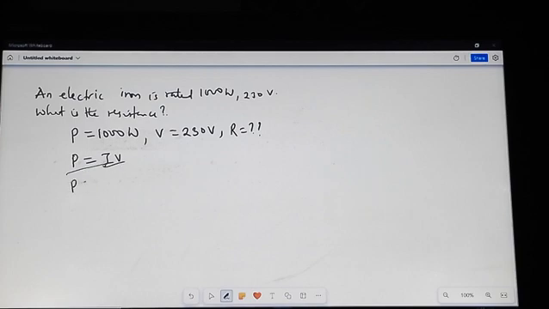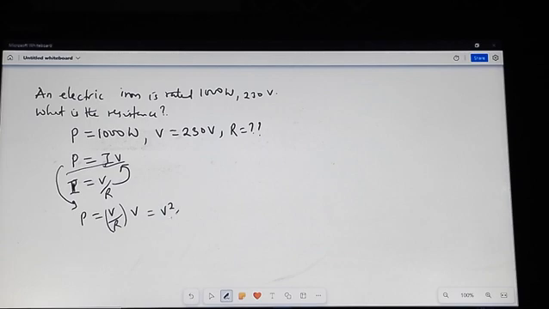We know that I is what? V over R. So if we resubstitute that, put this into this, then our P will be equal to V over R times V, which is what?